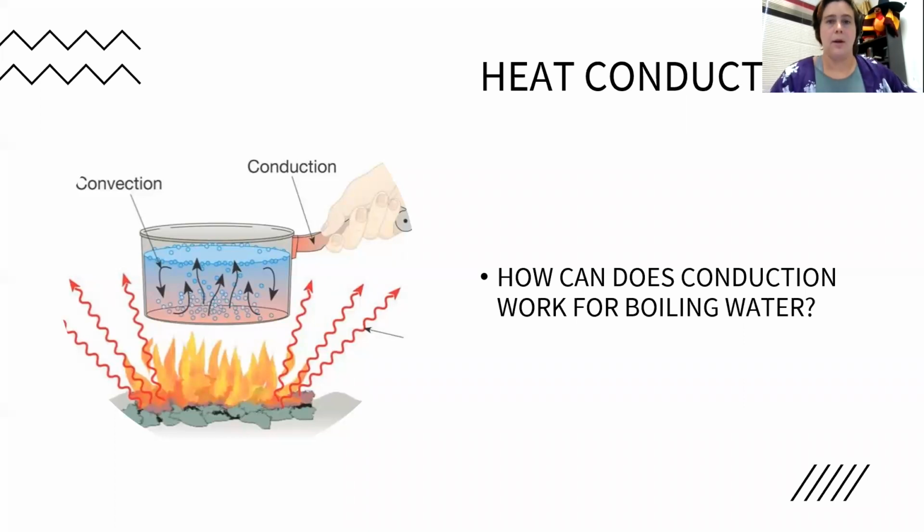Remember yesterday, pots are made from either metal or iron or copper. Depending on that material, those types of material allow heat to travel all around the pot, allowing the water within the pot to get heated up and allowing that heat to go from a liquid state to a gas state.